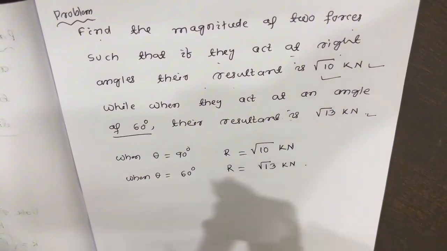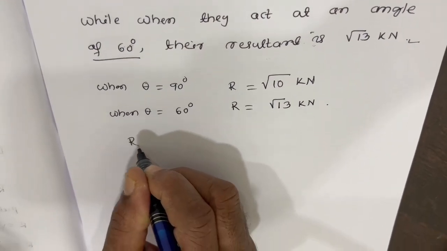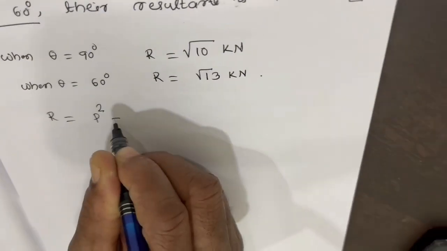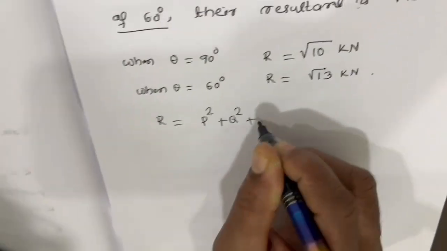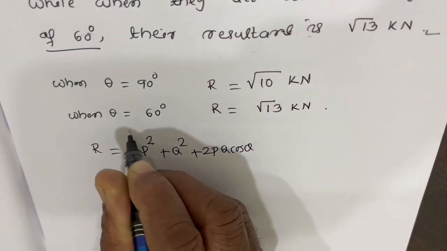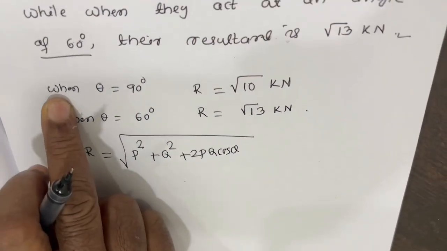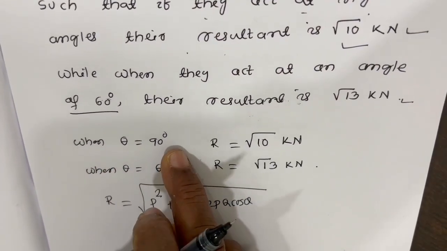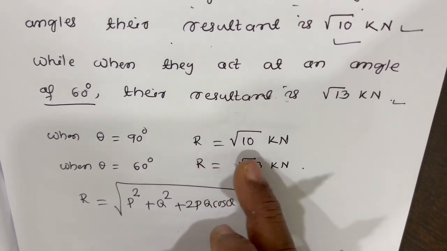You have already known that R is equal to root over P square plus Q square plus 2PQ cos theta. First condition, when theta is equal to 90 degree, R is equal to root 10.